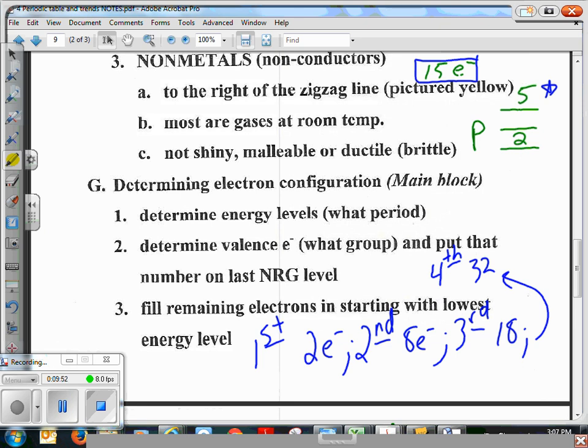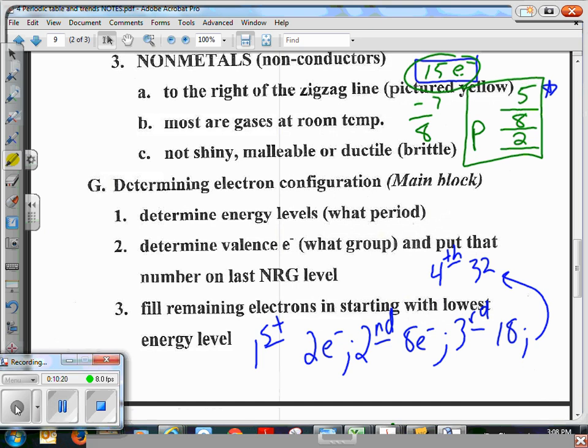Because 15 is what I had to put in, minus 7, I have 8 electrons left. That's where we put the rest, in the second energy level. So this is electron configuration according to electron energies. You will be asked to do this for a worksheet today. Do you have any questions?